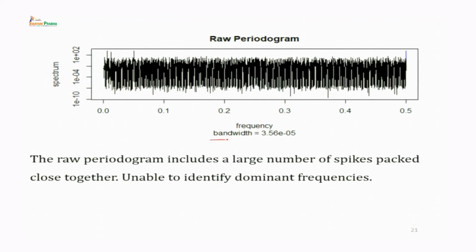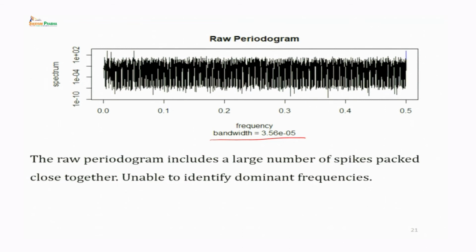If you look at this bandwidth, it is too small, so practically there is no smoothing. So, the spectrum looks like this: a lot of peaks packed together, and by looking at this periodogram, you will not be able to identify properly the dominant frequencies.